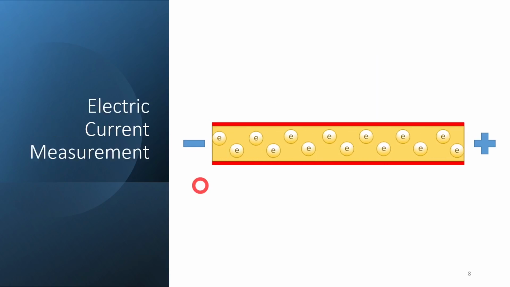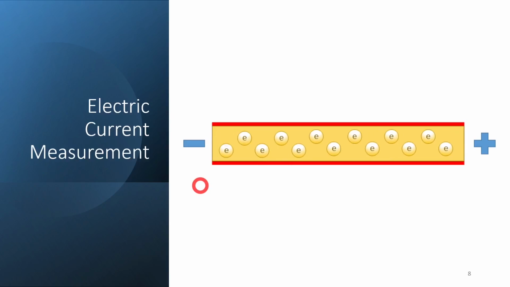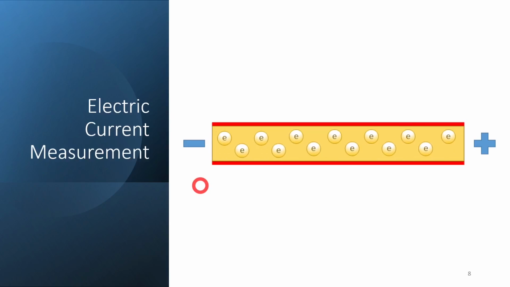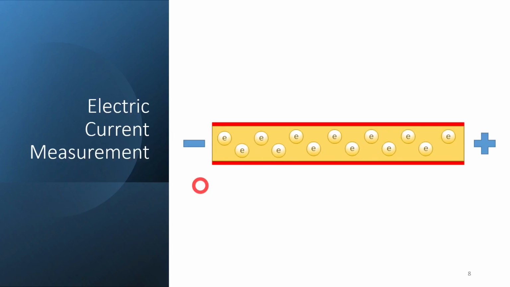Let's see how we can actually measure this, because we're going to explore a multimeter, a volt-ohm meter, some people call it. Multimeter means it has multiple functions. One of the functions would be to measure amperage. We're going to learn what amperage is here in a moment.